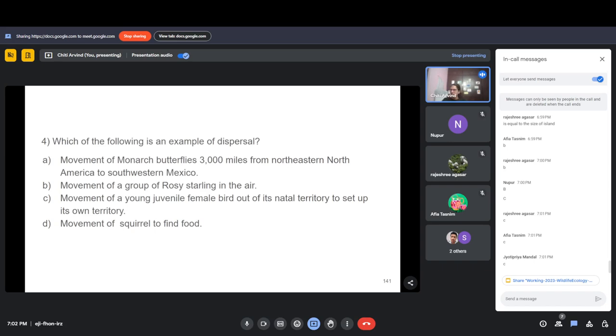So, what is actually illustrated in A? What type of movement is illustrated in A?